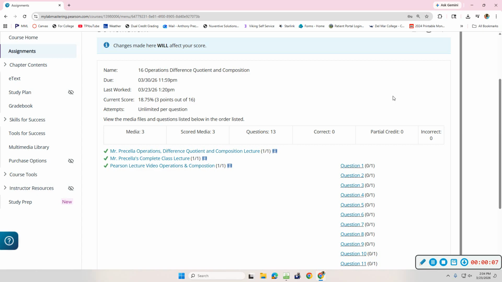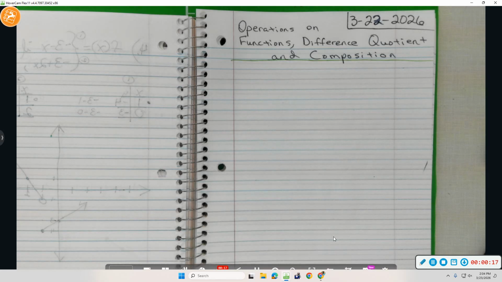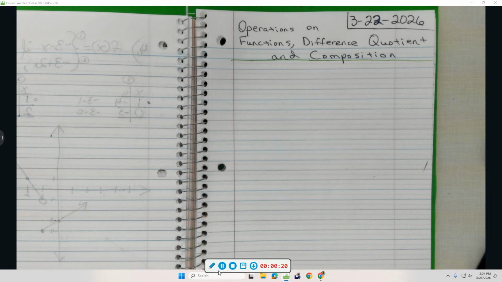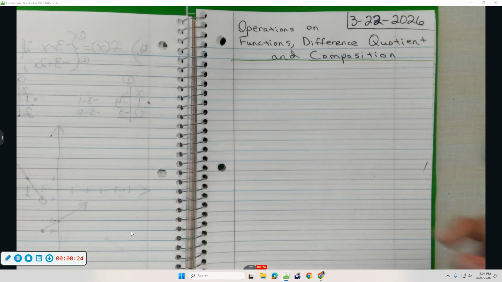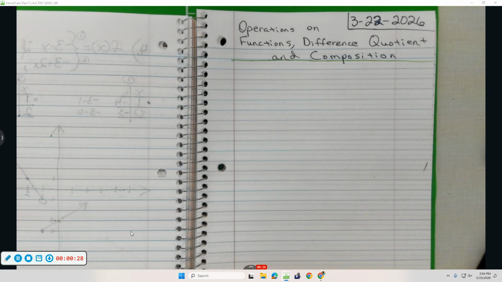Good afternoon, class. Today we're going to be looking at operations on functions, the difference, quotient, and composition of functions. When I say operations on functions, I'm talking about the four real number operations: addition, subtraction, multiplication, and division. They can be expanded to functions.